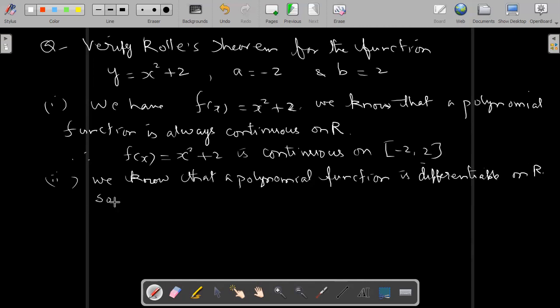So f of x is equal to x square plus 2 is differentiable. Mostly in these two points, you always have to write the standard result. It is differentiable in the open interval minus 2 and 2.